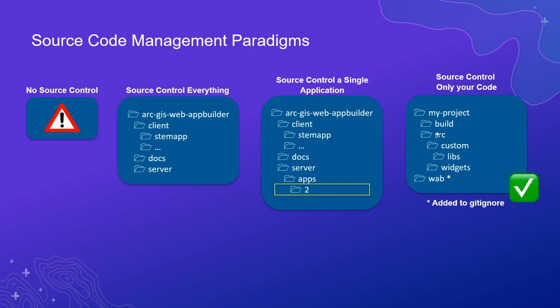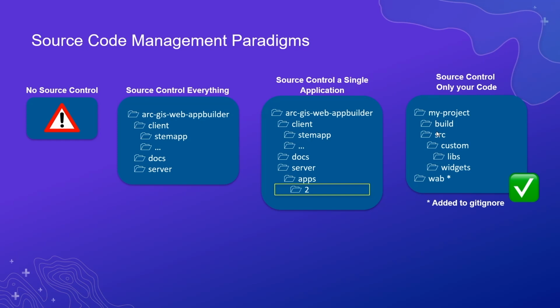In that source folder is our widgets that we've written, and then you can call it whatever you want, but there's also in Web AppBuilder, there's a libs folder, and any of our custom application logic that's not user interface logic, we typically throw in a libs folder. So that's what that source custom libs is. And again, widgets is any of the custom widgets that we've written.